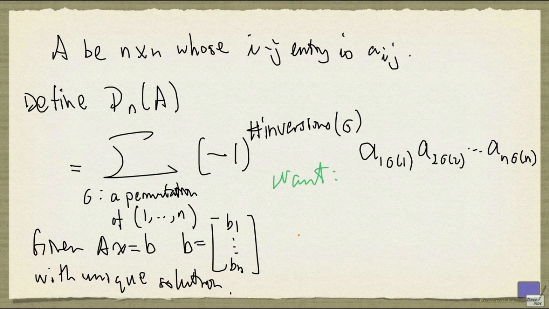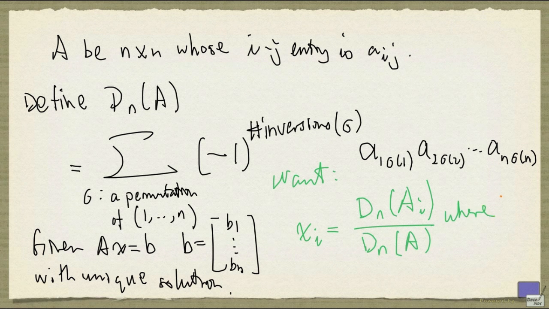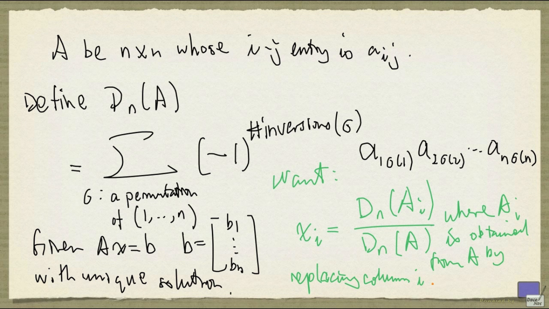We want xi to be given by Dn of Ai divided by Dn of A, where Ai is obtained from A by replacing column i with the tuple B. We know that this is true for 2 by 2, 3 by 3, and 4 by 4.